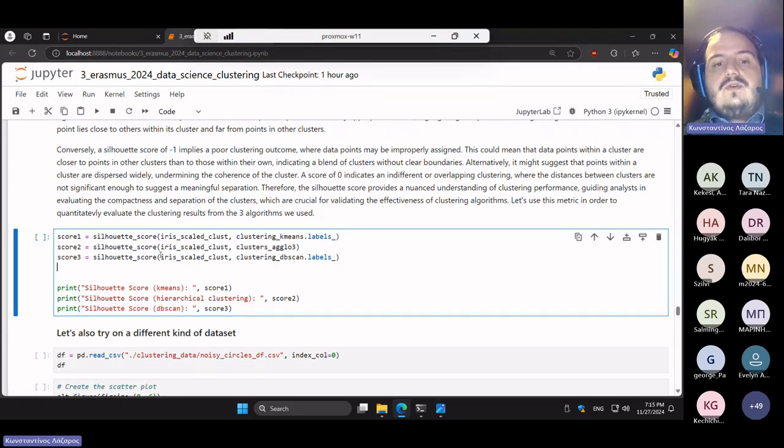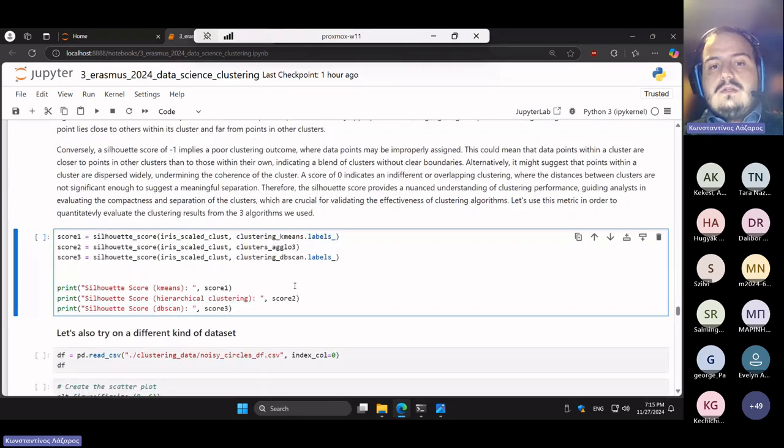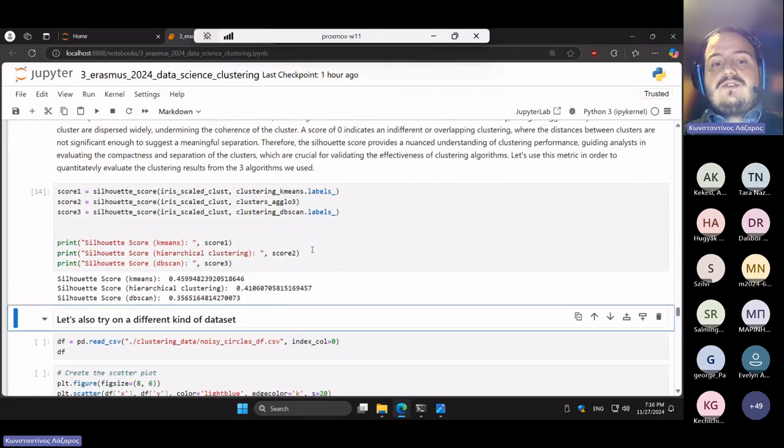So how can we actually use this metric to evaluate the results that we got for these three algorithms? By using silhouette score, which is a function provided by scikit-learn, and evaluating the labels that we have with the clusters that have been created. As you can probably see, the best algorithm that we have is k-means.